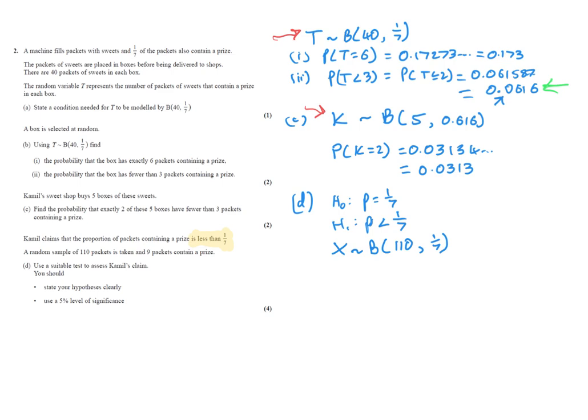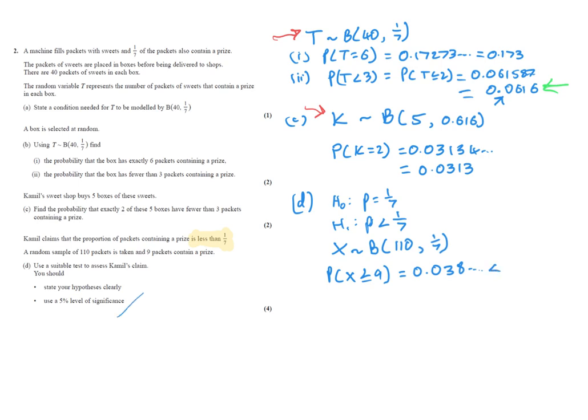Looking at our observed piece of data, 9 packets contained a prize. So under these conditions, what is the probability of getting 9 or fewer? How fluky a result is that? Is the question I'm asking myself. Well, under that binomial distribution that I've just stated above, the probability of that is 0.038 and so on, which is less than the 0.05 significance level.